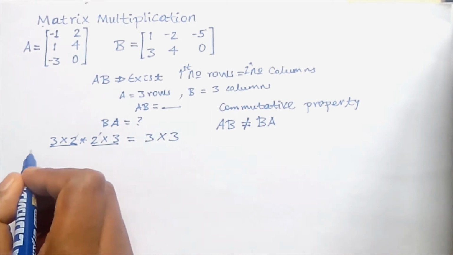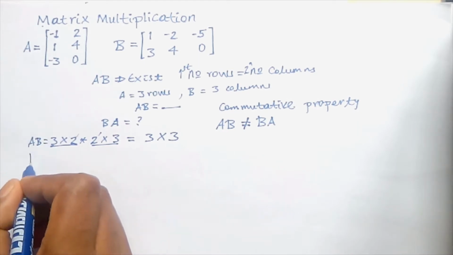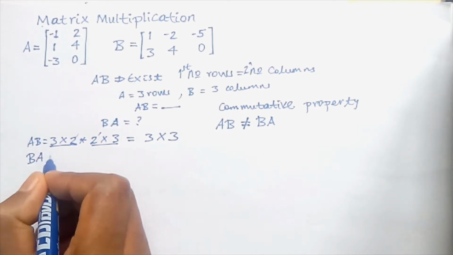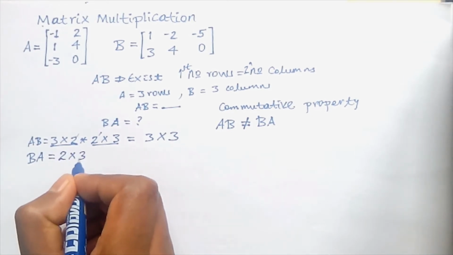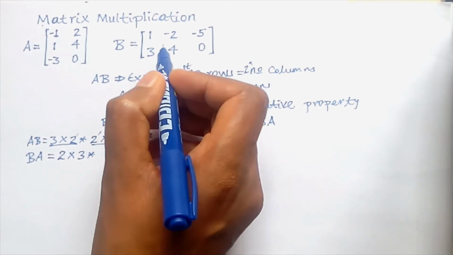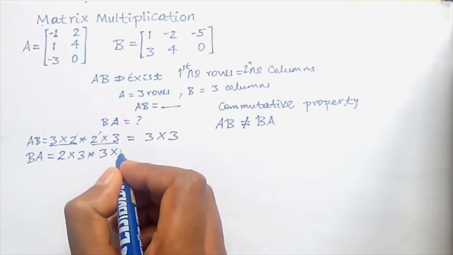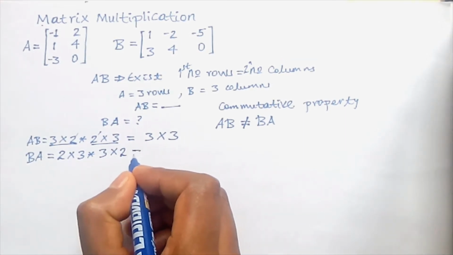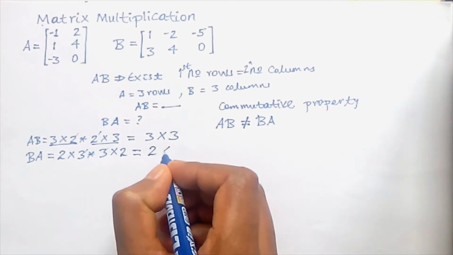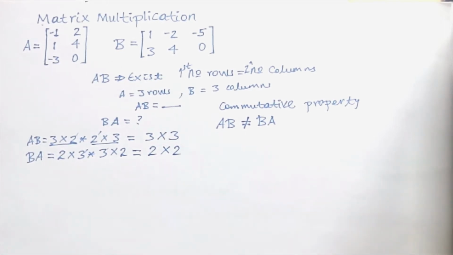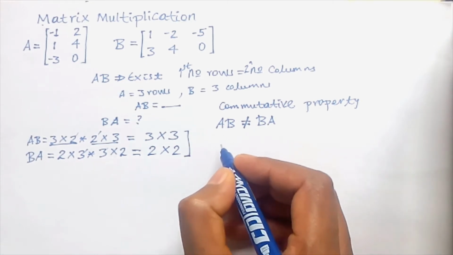The same way, for B times A, it is 2 rows by 3 columns, which is the value of B, times 3 rows by 2 columns, which is the value of A. So this way you can see the value will be a 2 by 2 matrix. So those 2 matrices are not equal.